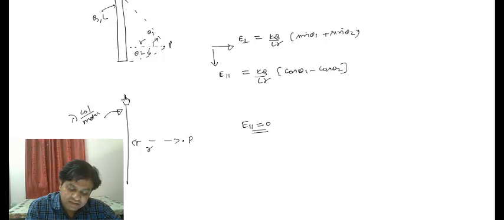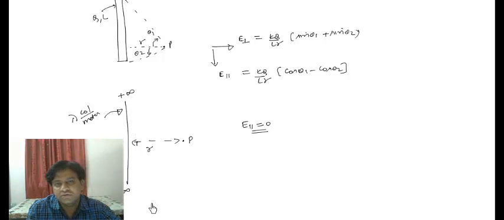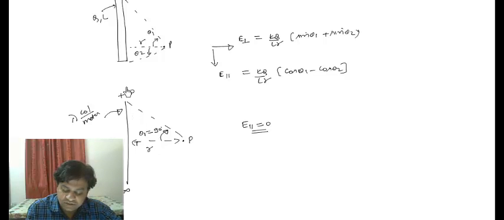If I'm saying that this is an infinite wire, this moves up to plus infinity and here it goes to minus infinity, then for this point P, this angle theta 1 will be equal to 90 degrees. When this wire goes up to infinity, let's say this is a very long wire as compared to this distance, the point is very close.